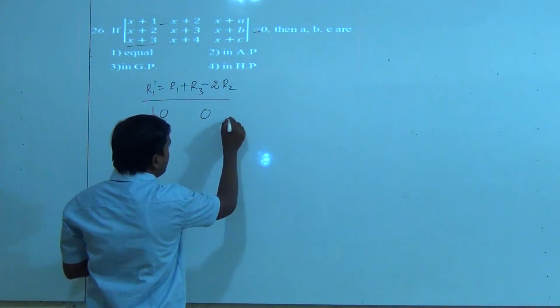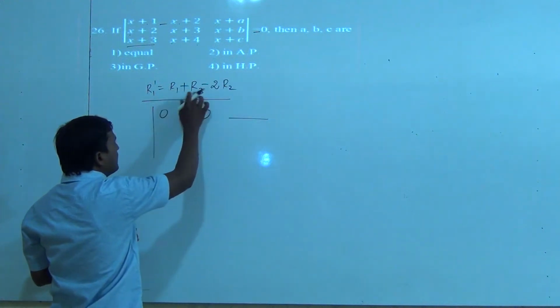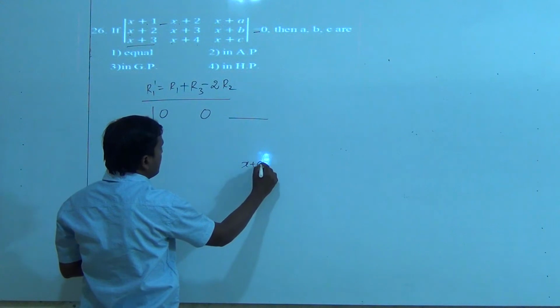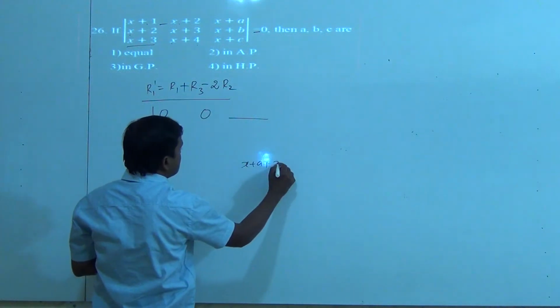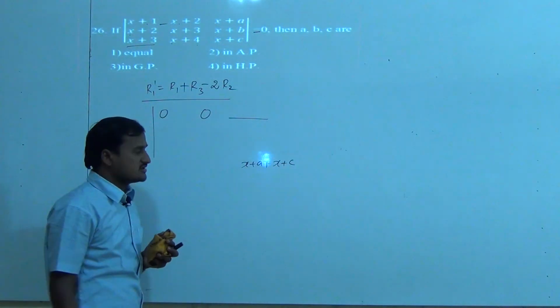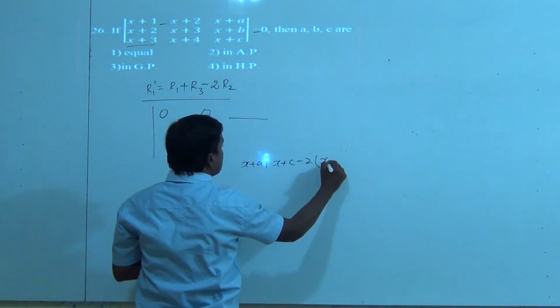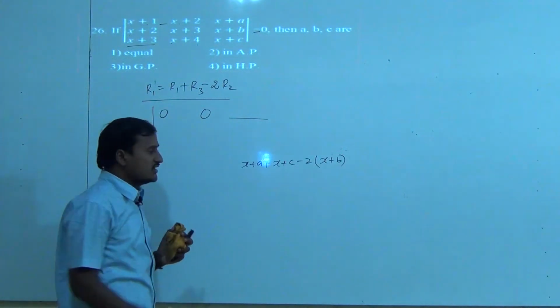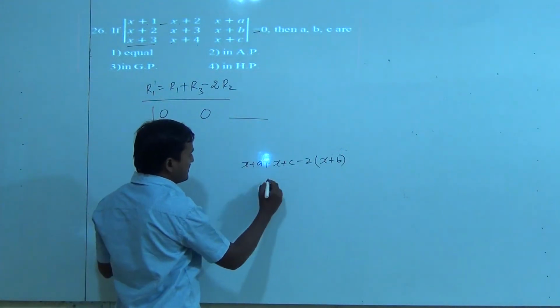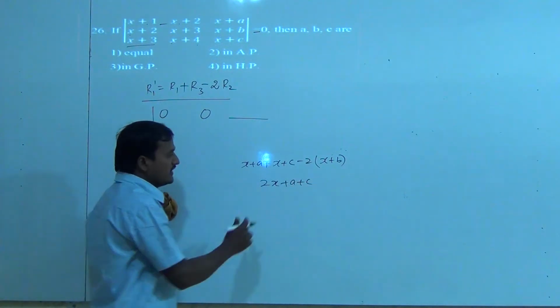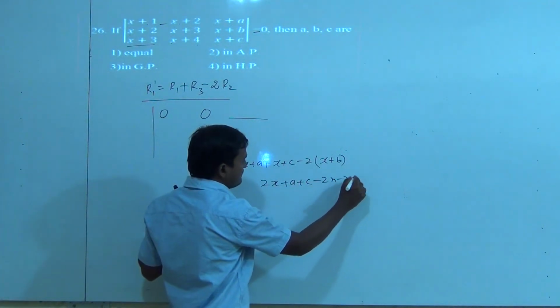Next, now you should find this element. To find this element, you have to carefully apply this operation. What about r1? R1 is x plus a. What about r3? That is x plus c. Next, minus 2 into r2, which is x plus b. Simplify this: x plus x is 2x, and here you will get a plus c, and minus 2x minus 2b.